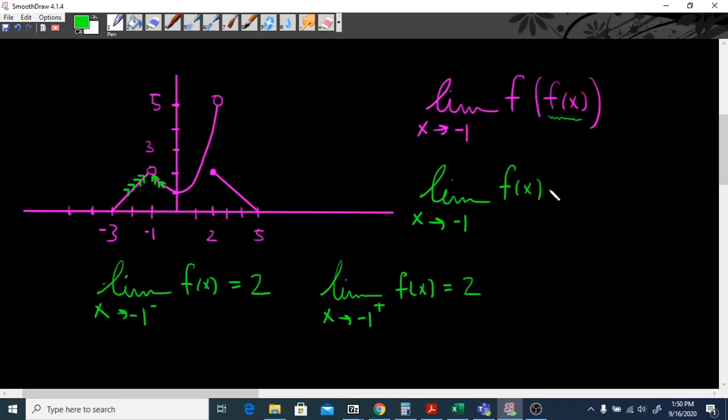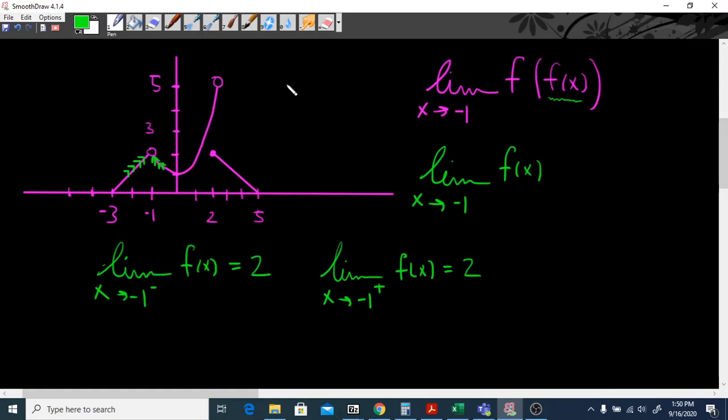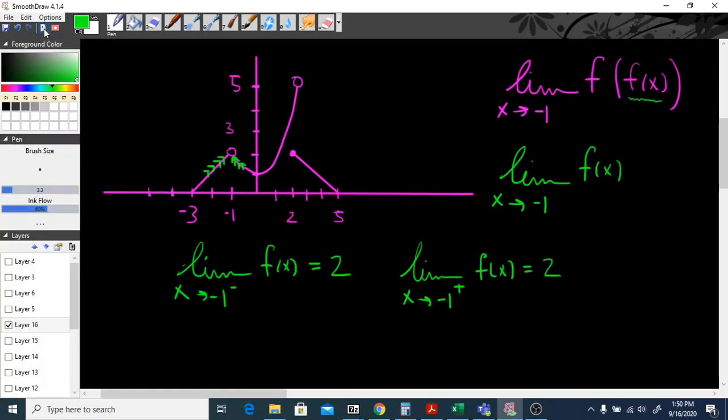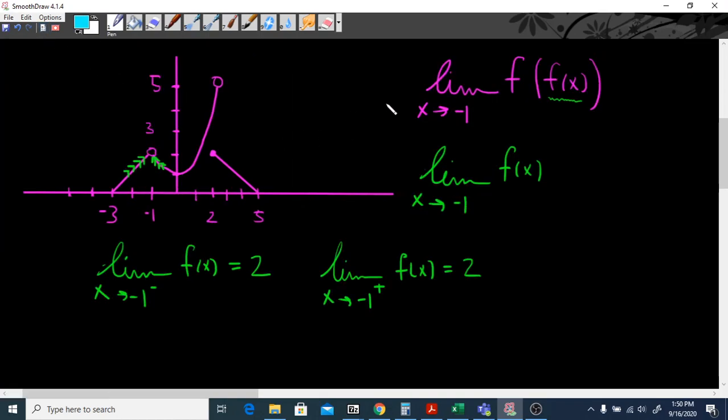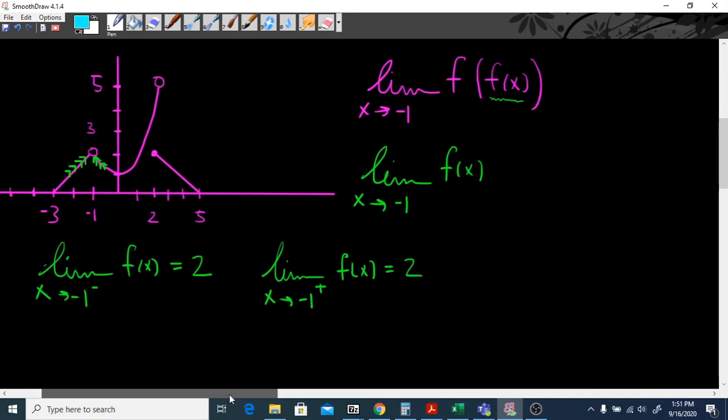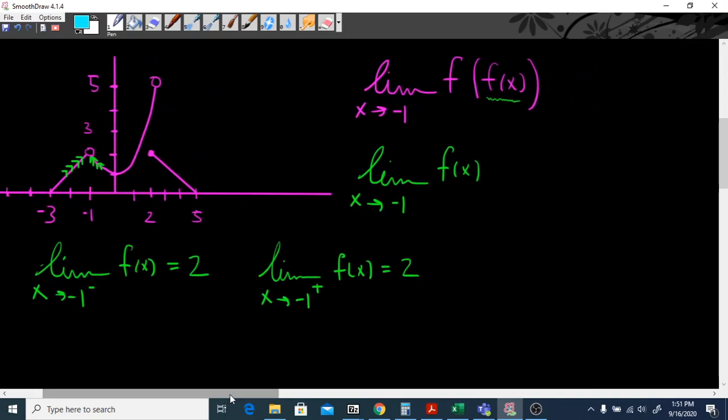Okay, good. So at this point, you might be tempted to do the following. I'm going to change my color here to blue. If you're not careful, you will fall into the trap that I fell into when I first looked at this problem. You say, okay, this limit is 2, so I'm just going to insert that here.